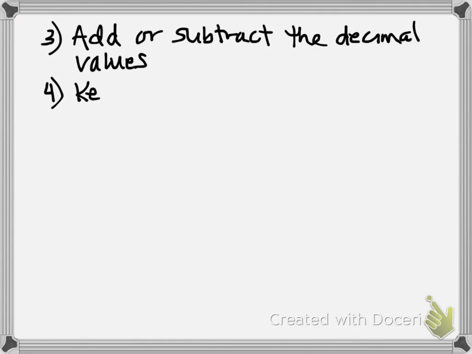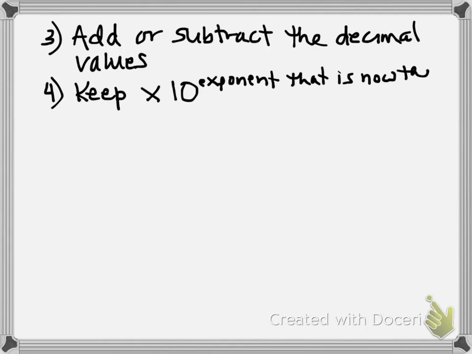And this time, not only do we keep the multiplication and the 10, we also keep the exponent that they have in common, the exponent that is now the same. So the real math gets done in the prep and then in a little adding or subtracting problem.